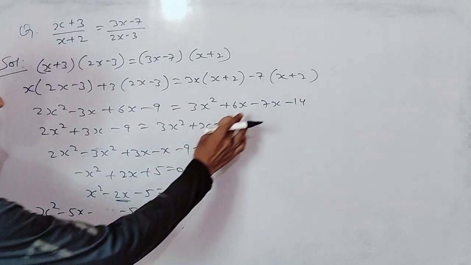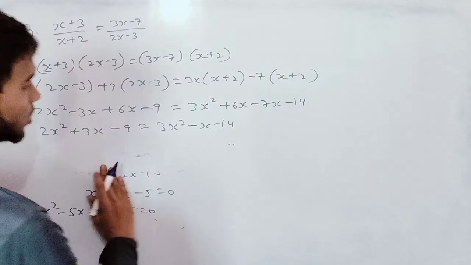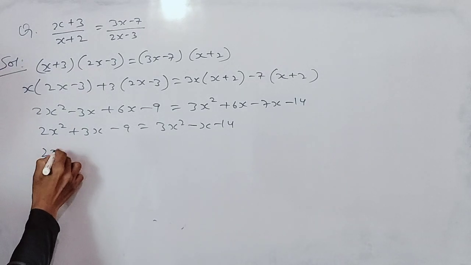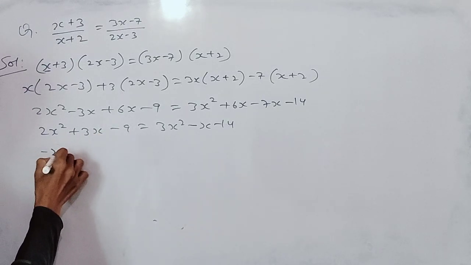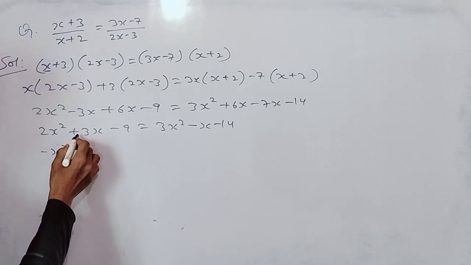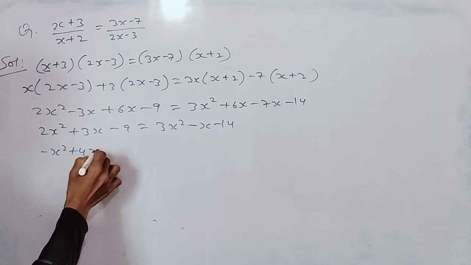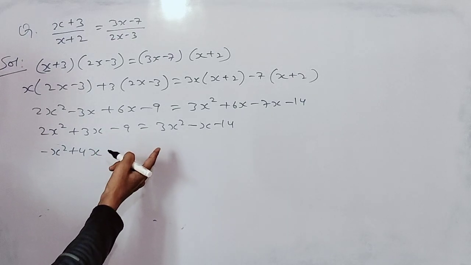Here I will draw this. Something went wrong. 2x square minus x square plus 3x, so it will be plus 4x minus 9 and plus 14.